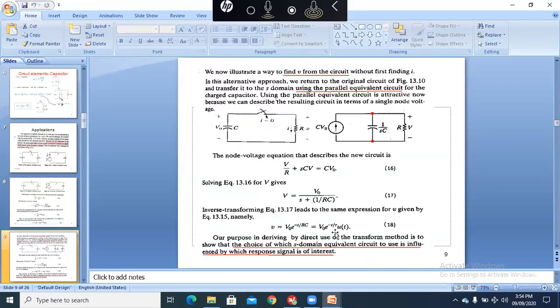The value of the time constant depends on the resistance and capacitance, and tau is equal to RC.